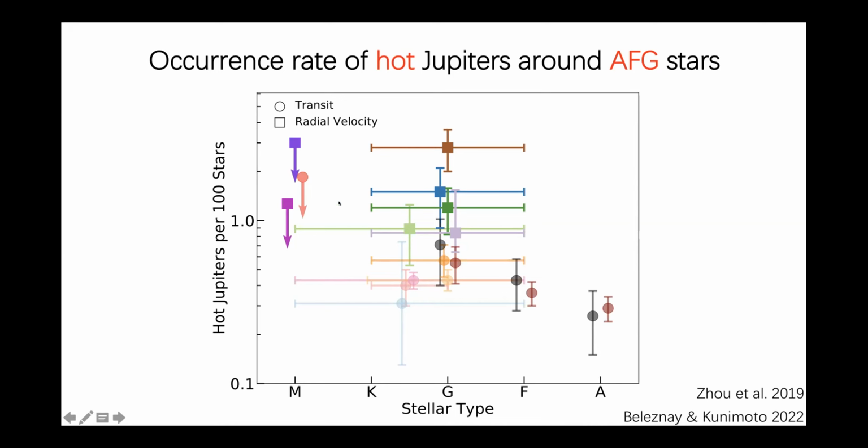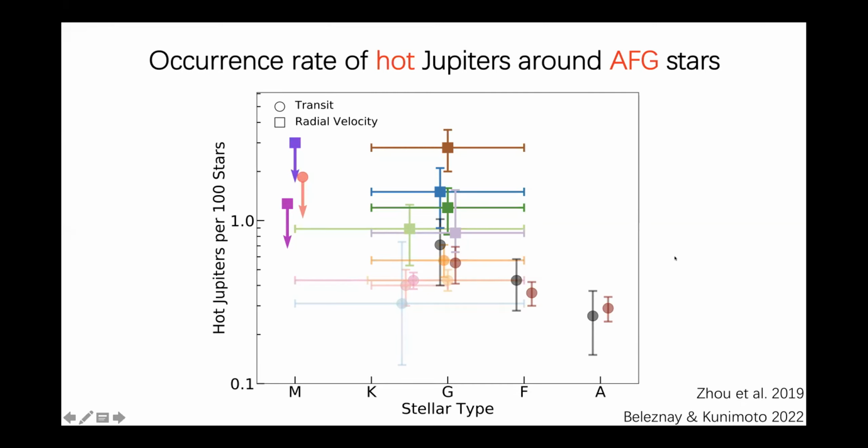The dots and the squares are the measurements from the transit and the radial velocity surveys. The horizontal uncertainties mark the range of stellar type used in each work. For clarity, we add small shifts to the horizontal coordinates of some points to make the results more clear.